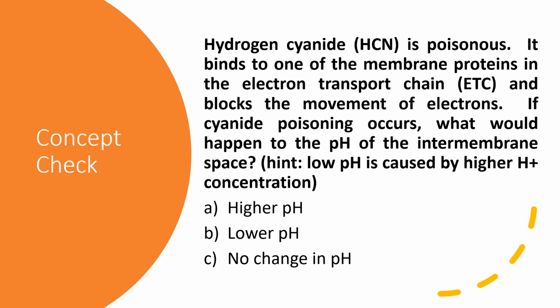And now they're saying in cyanide poisoning, you block the ETC. So when you block the ETC, do we pump the H+? No. So less H+. What do you think? Less H+ means higher pH or lower pH? Higher pH.